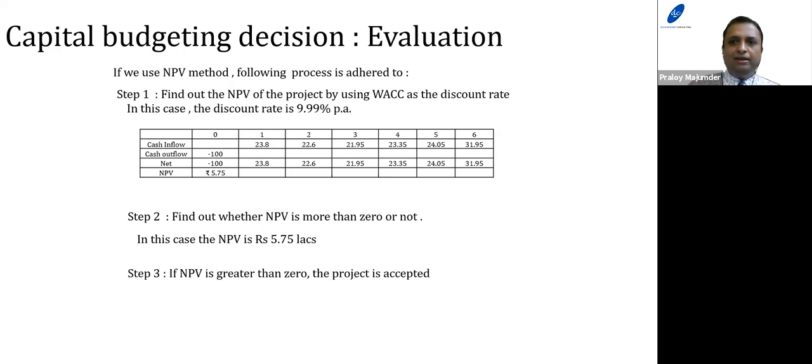So if NPV is greater than 0, or IRR, the business return, is greater than the required return or weighted average cost of capital, then we accept the project. So this is the capital budgeting decision evaluation process. So you have learned another important point of finance, whether you should go ahead with the capital budgeting or not. Thank you so much for listening to this video.